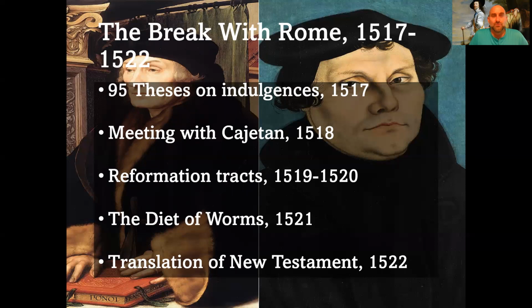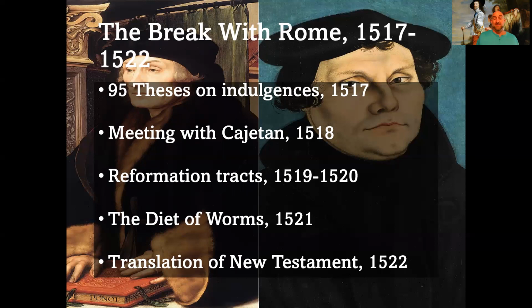In fact, he actually wrote an earlier one that had, I want to say, 70 theses, but eventually in 1517, he wrote up a list of 95 theses on indulgences, which we're not really sure, by the way, that he actually posted on the door of the cathedral or the church in Wittenberg. We're not really sure which one he would have posted on.